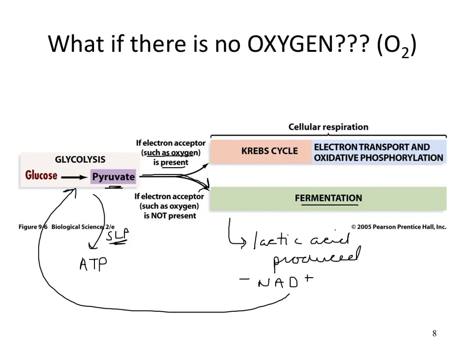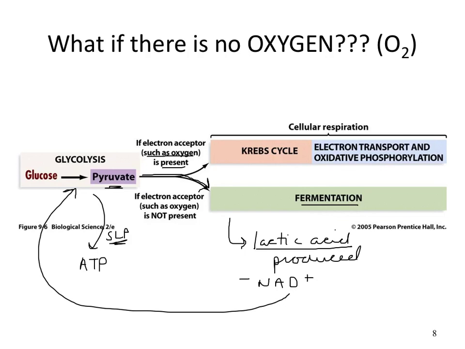Instead of sending pyruvate off to the Krebs cycle, it will actually use pyruvate and convert it into a small organic molecule such as lactic acid. That's what would happen in humans. In yeast, in ethanolic fermentation, such as the yeast that we use to make beer and wine, the pyruvate is converted, of course, into ethanol.